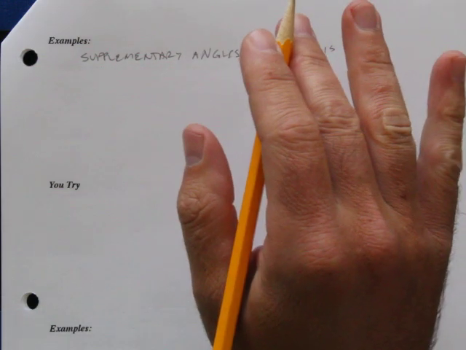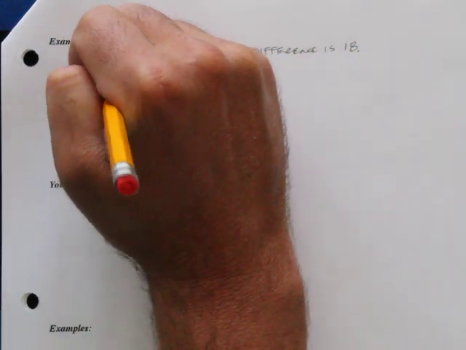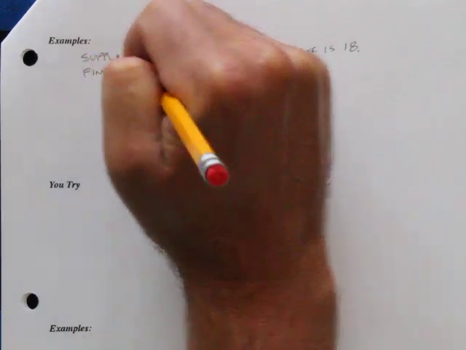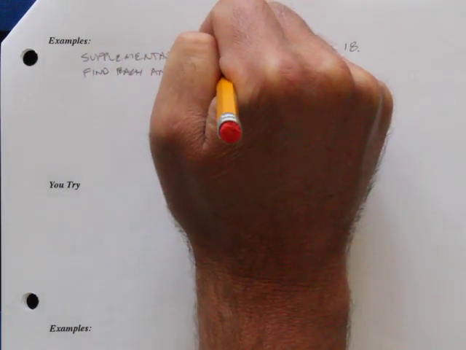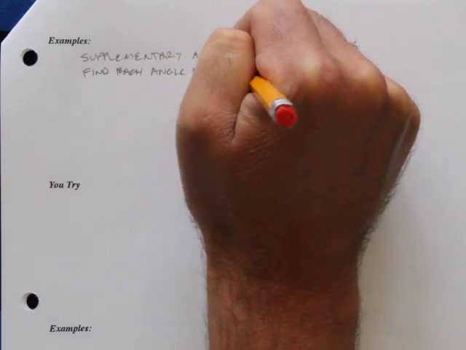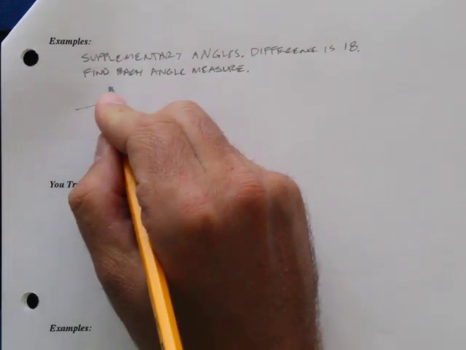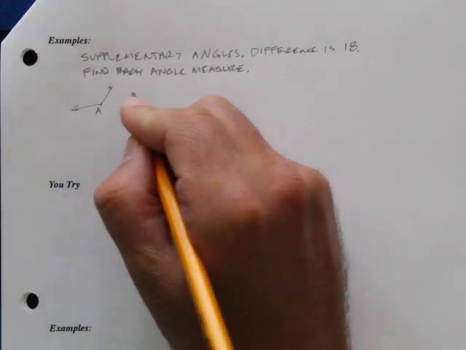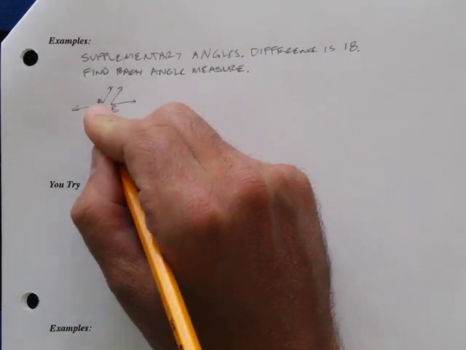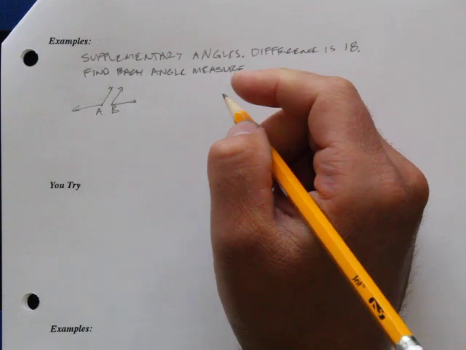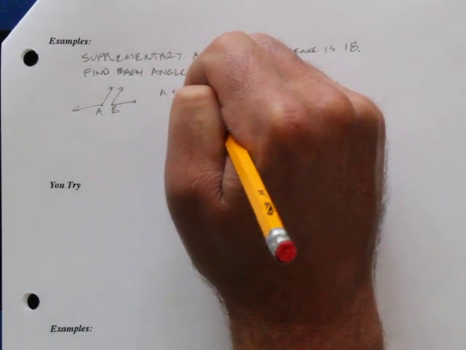I'm supposed to find each angle measure. So if you remember, supplementary angles are kind of like one plus the other one equals 180 degrees, right? So I say A plus B equals 180 degrees.